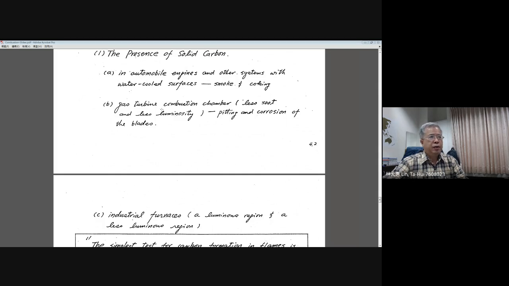The other one is the so-called gas turbine combustion chamber. For this combustion chamber, as we described earlier, the surface of the combustion chamber experiences high temperature too, as the automobile engines experience. But for the aircraft gas turbine engine, they are flying, right?